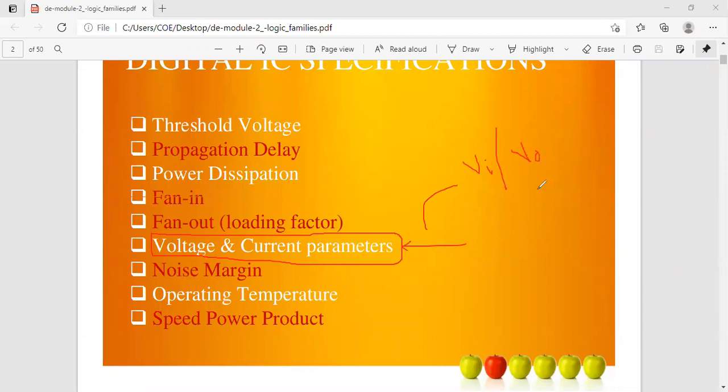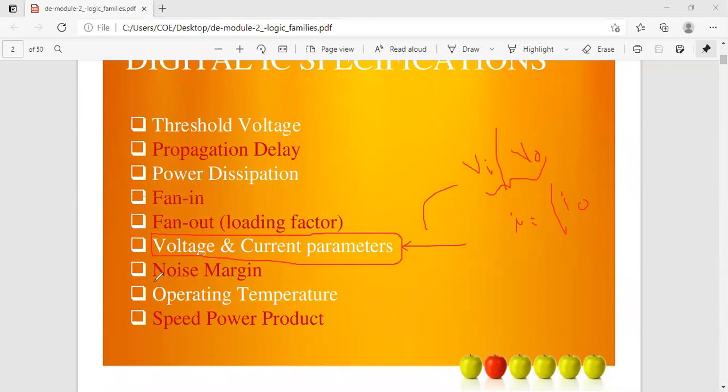The voltage at the input terminal is called the input voltage. Similarly, the voltage across the output terminal is called the output voltage. Similarly, I in and I out.